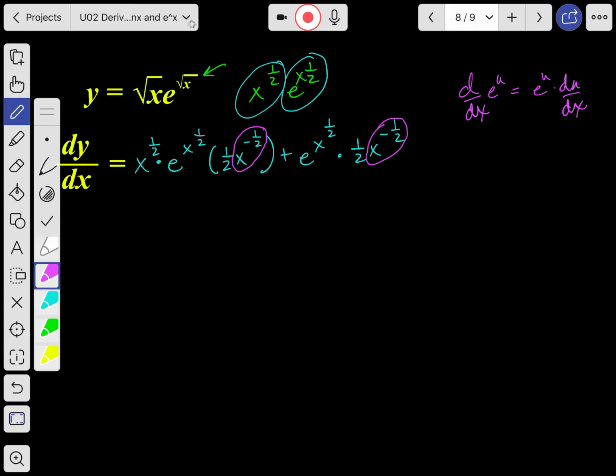Let's just think about this. We've got square root of x times e to the square root of x, all divided by 2 square root of x, plus e to the square root of x divided by 2, and looks like we have a square root of x if I were to move them to the denominator.